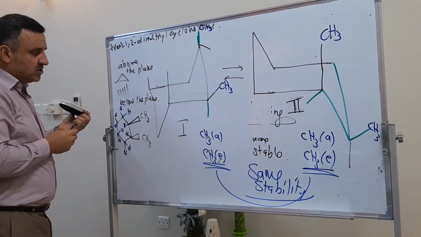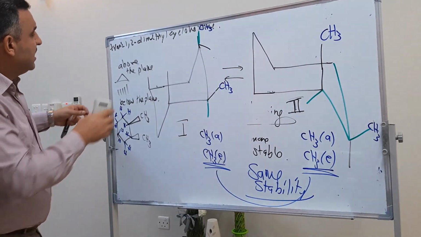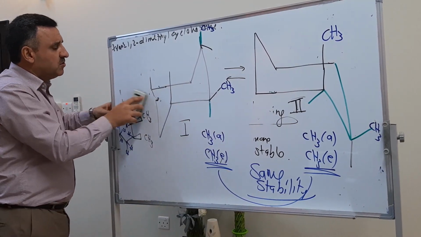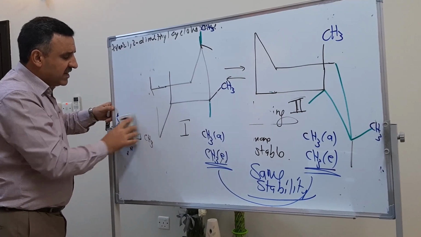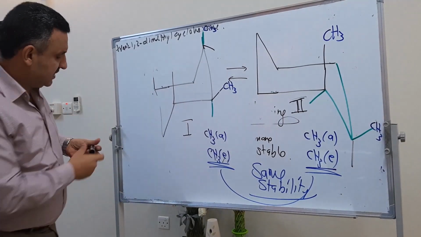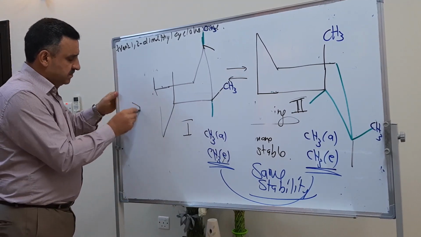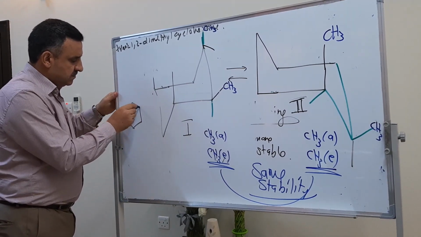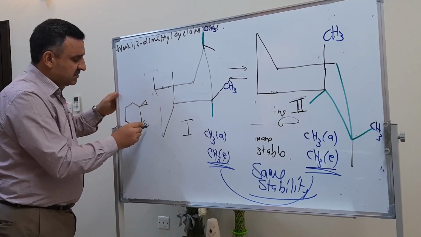So we are talking now about the trans 1,2-dimethyl cyclohexane, and we represent it this way. One is above, one is below.